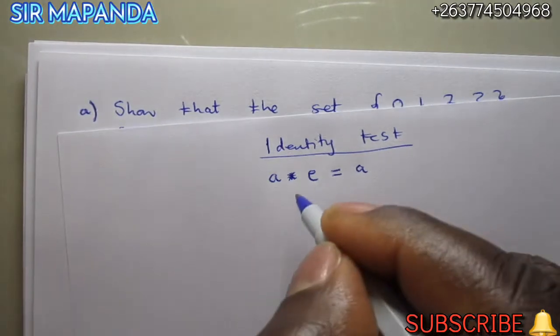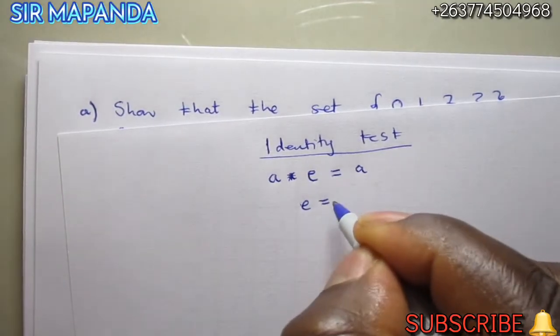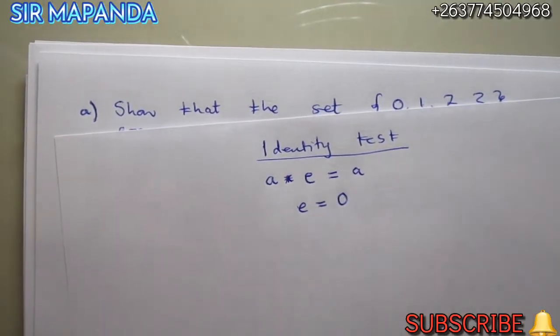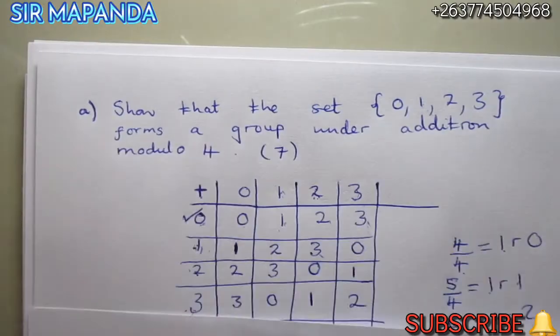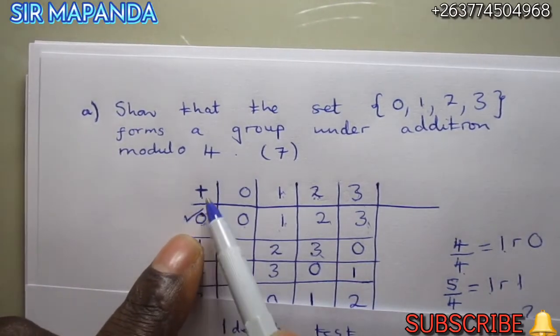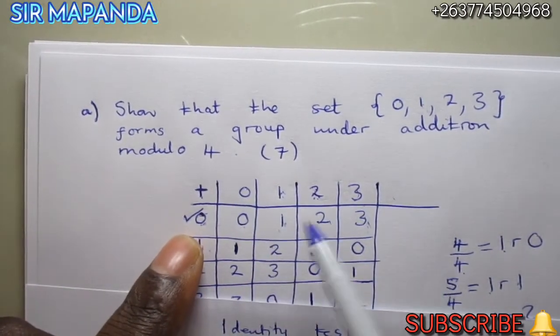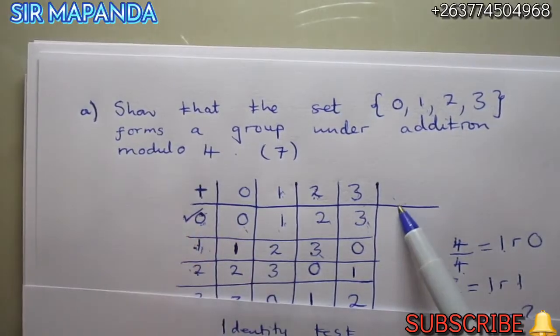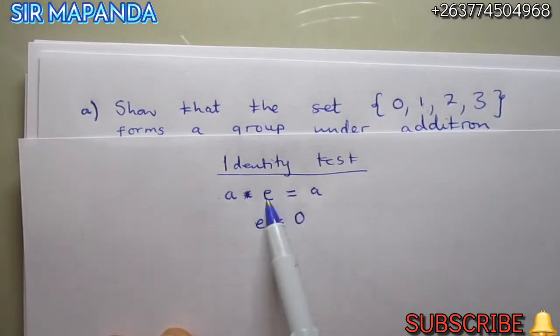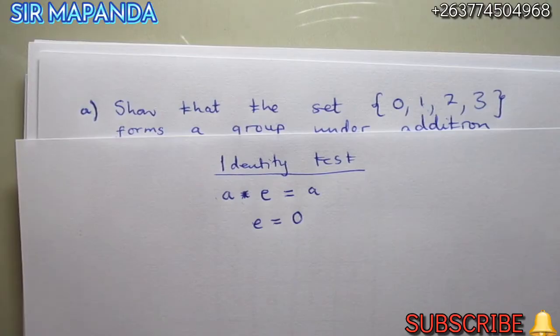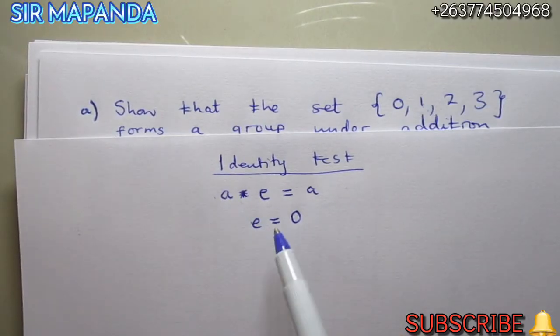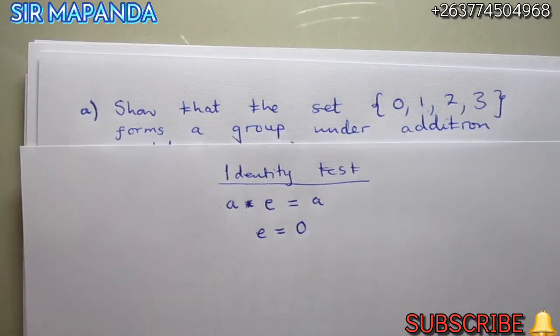In this case, we can clearly notice that E, the identity element, is represented by 0, because if 0 adds to all the terms, you produce the same term. Hence, A binary operator E is equal to A. Therefore, the number which gives the same result with A is 0, and 0 is our identity element. I hope you are following.